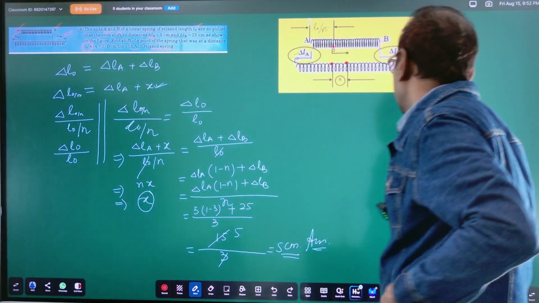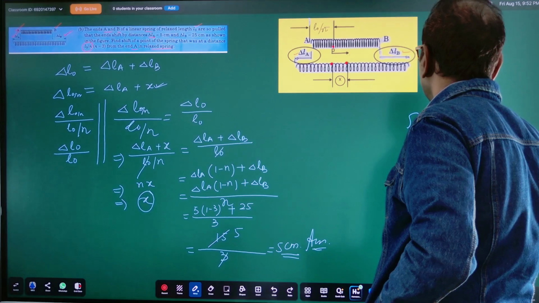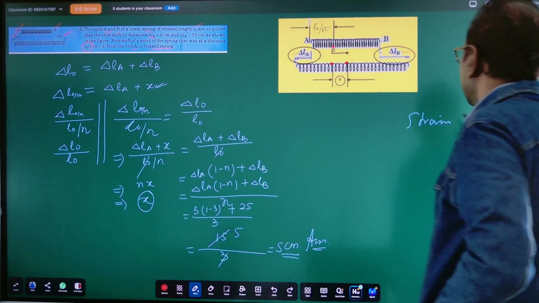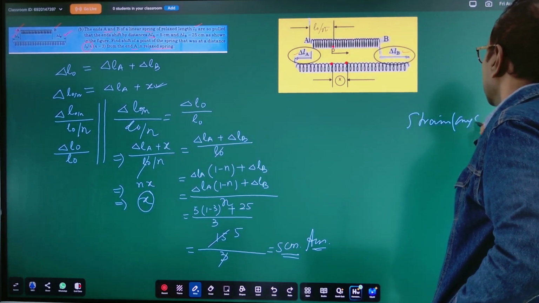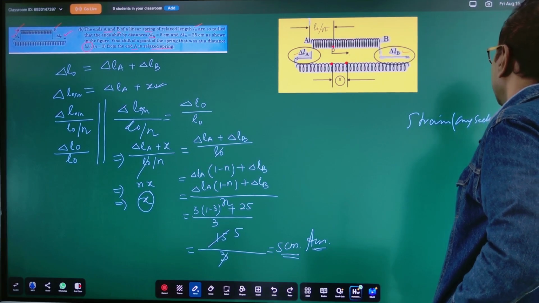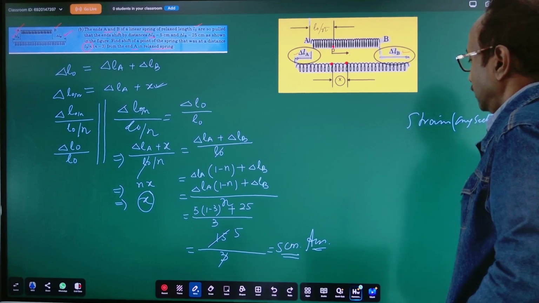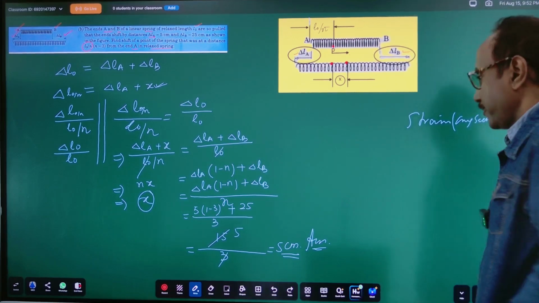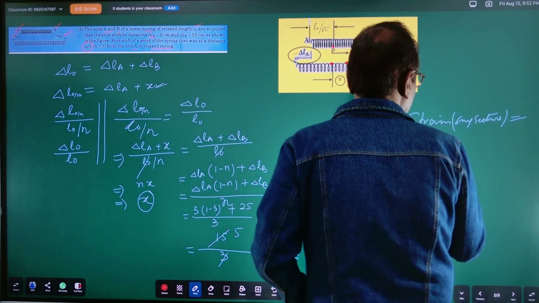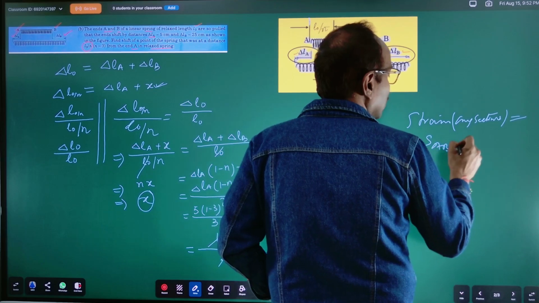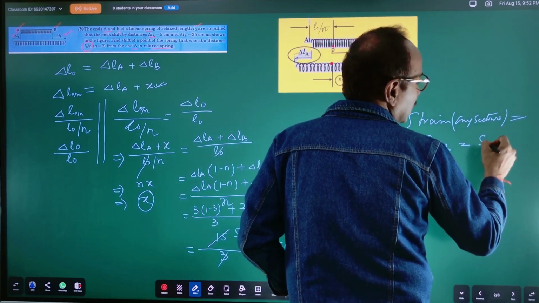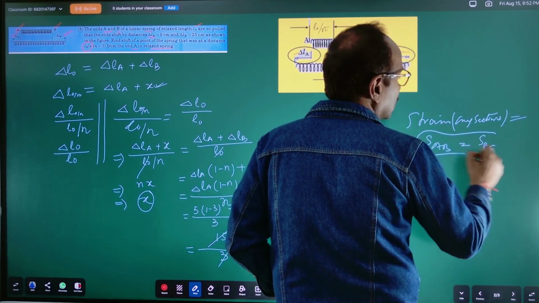Simply, you can write like this: strain for any sections will be equal. If we take section AB, the strain in AB will be equal to the strain in BC.